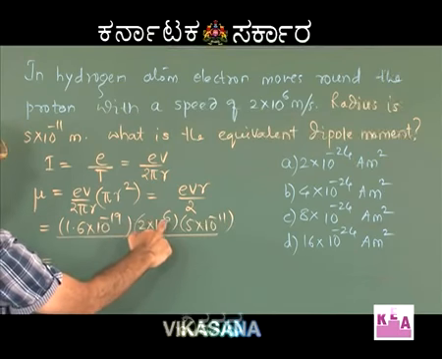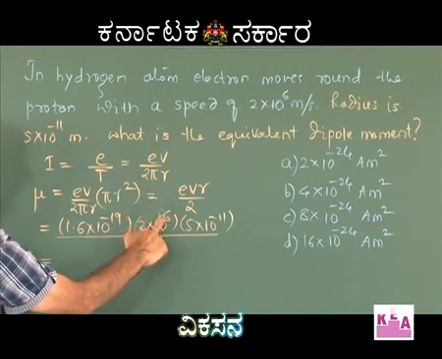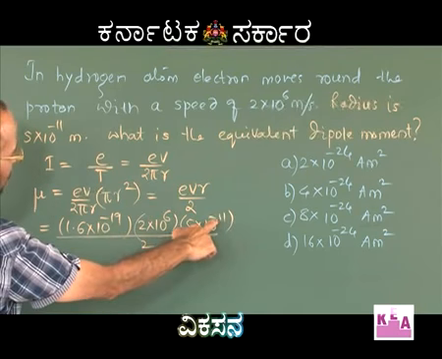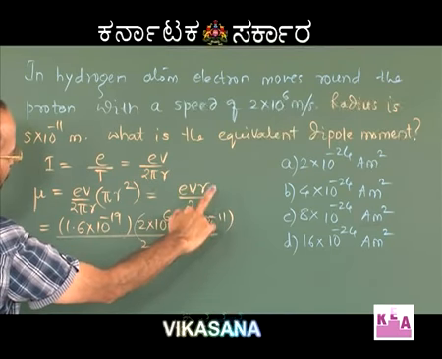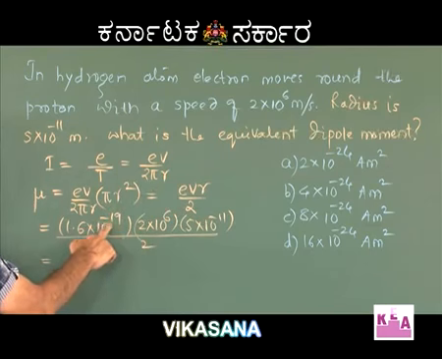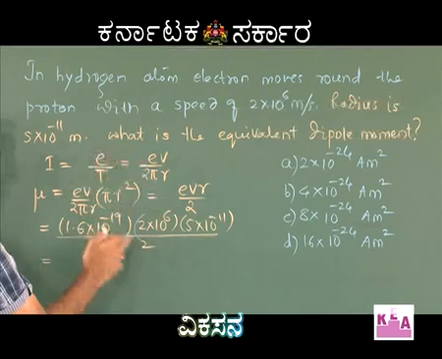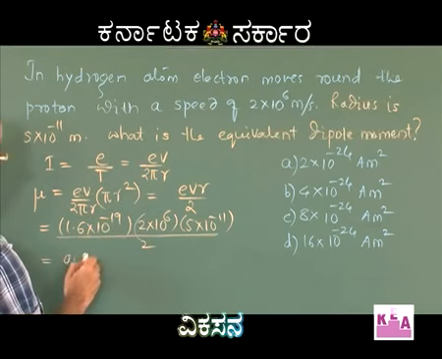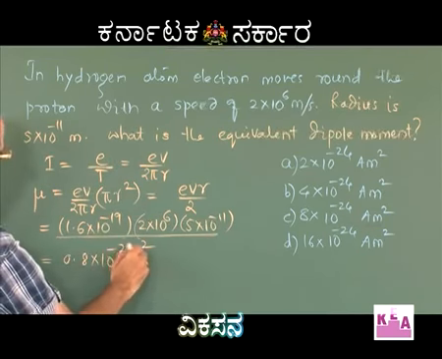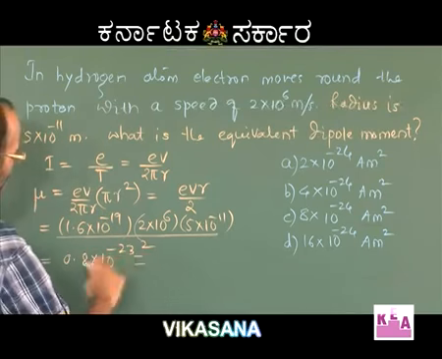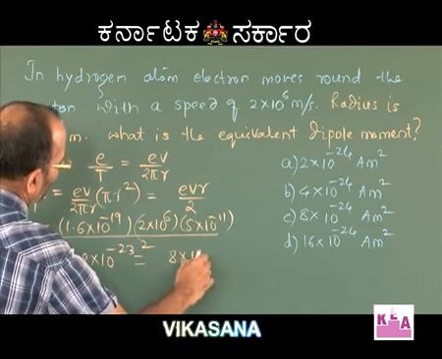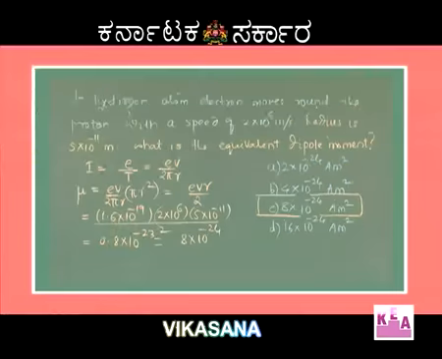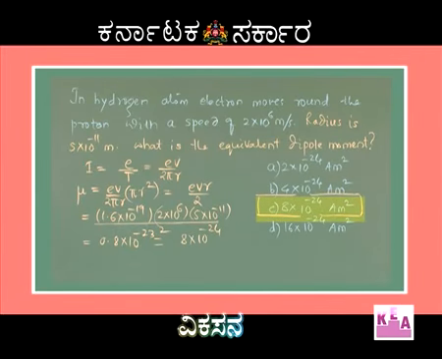So, 10 into 10 raised to 6 would be 10 raised to 7. 10 raised to 7 into 10 to the power of minus 11 would be 10 raised to minus 4. 10 raised to minus 4 into 10 raised to minus 19 would be 10 raised to minus 23, and this will be 0.8 into 10 to the power of minus 23, which will be equal to 8 into 10 to the power of minus 24, and therefore, the correct answer is C option.